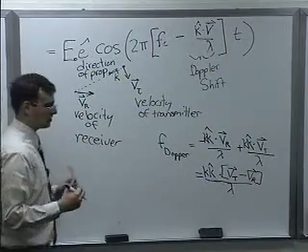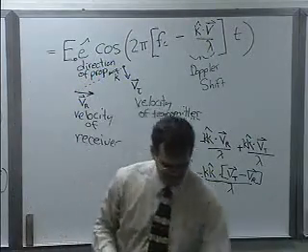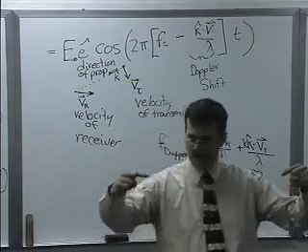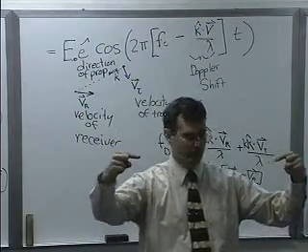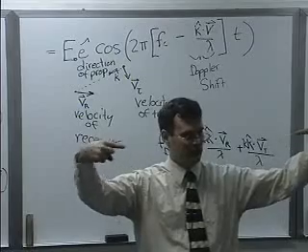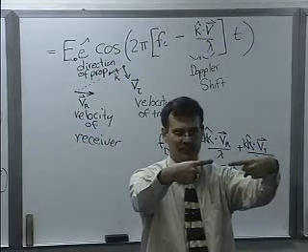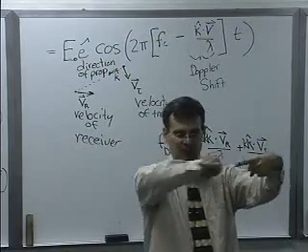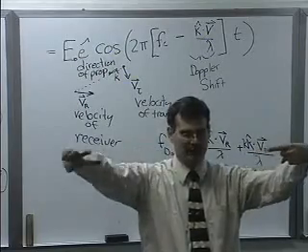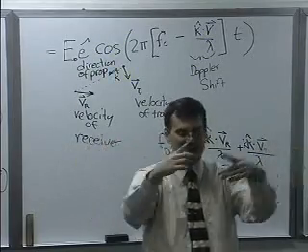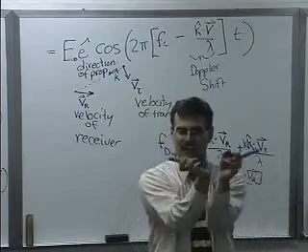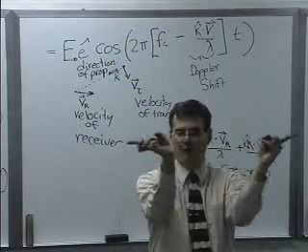And so what's the worst case Doppler scenario? It's basically where the receiver is moving directly towards the transmitter on a collision course, and you're sending the wave along that collinear line. That's the highest Doppler shift. The lowest Doppler shift is the opposite: the receiver and the transmitter are moving away from each other.